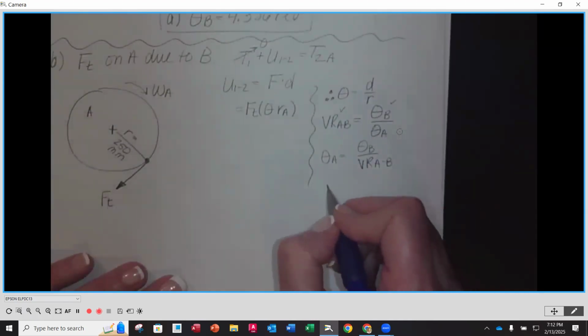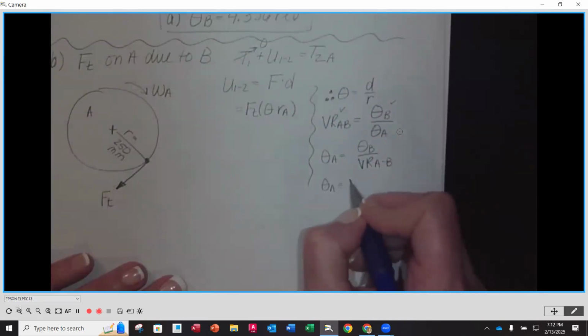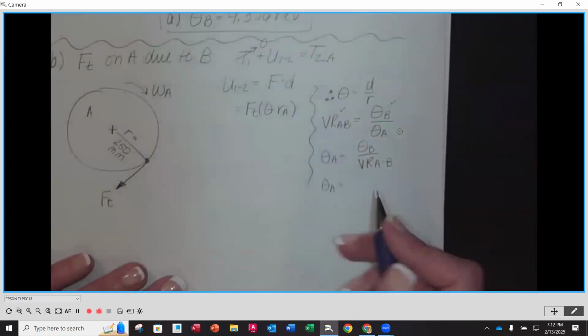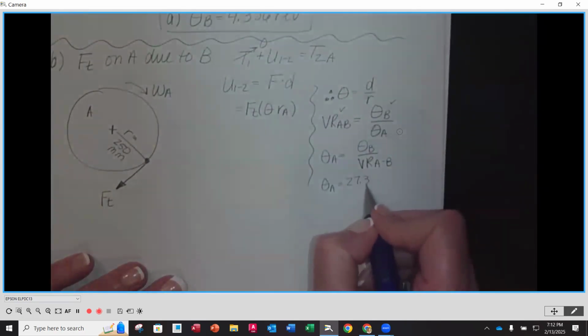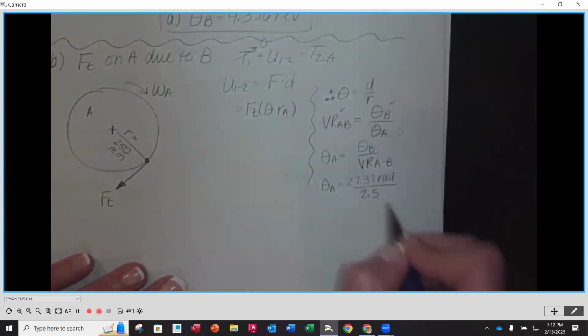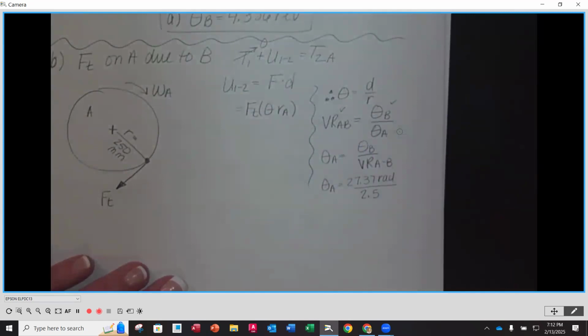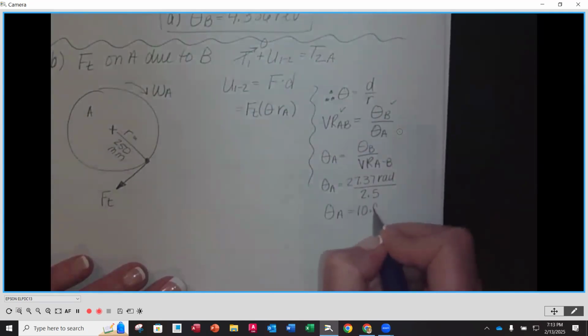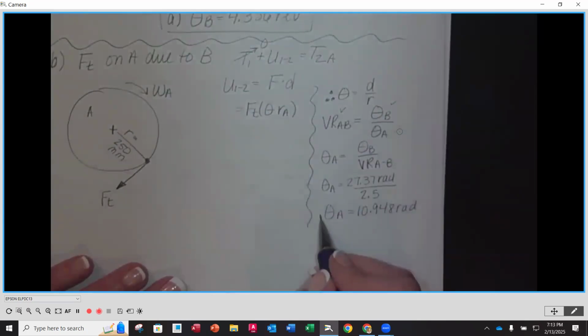So now theta A is going to be equal to 27.37 radians divided by 2.5, which was our velocity ratio from earlier. And our theta A then is 10.948 radians. And that's what we're going to use up there.